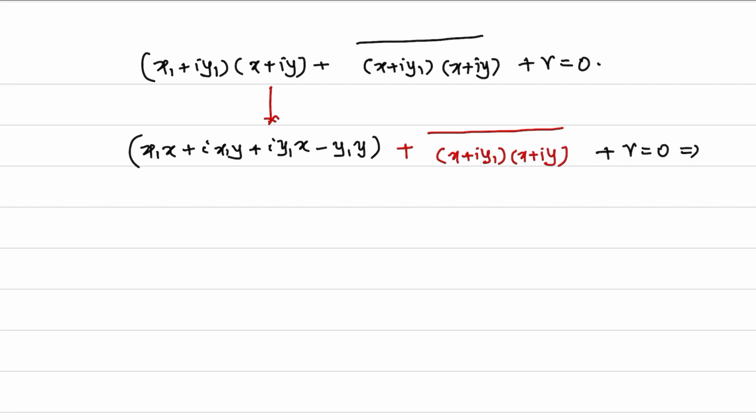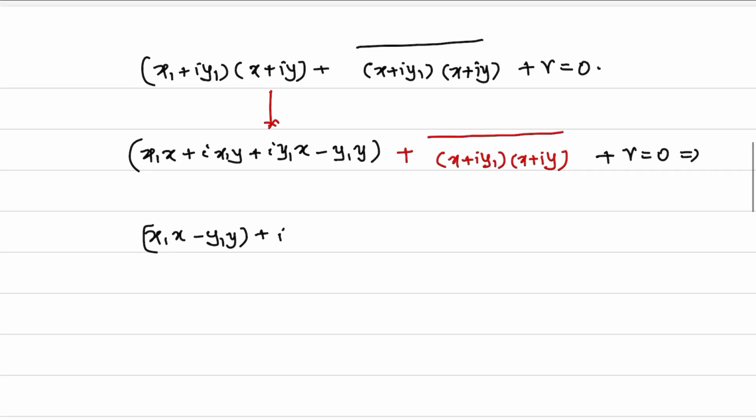That means we will make it like this: x1x minus y1y, this is the real number, plus I into x1y plus y1x, plus conjugate of this.